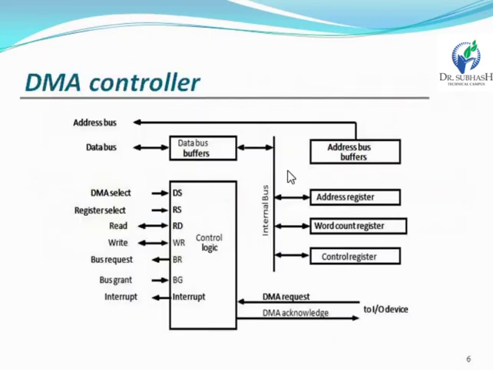So this is the DMA controller. It uses the address register, word counter and control register. First of all, the DMA provides a request to the CPU, then the CPU provides the acknowledgement. If an interrupt occurs, then the interrupt is served.